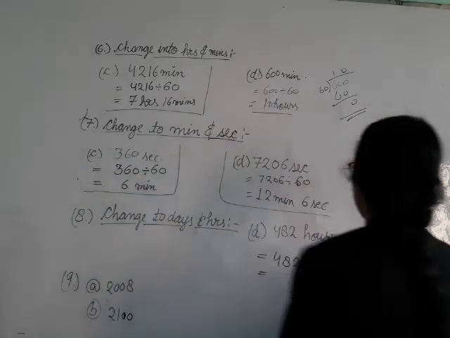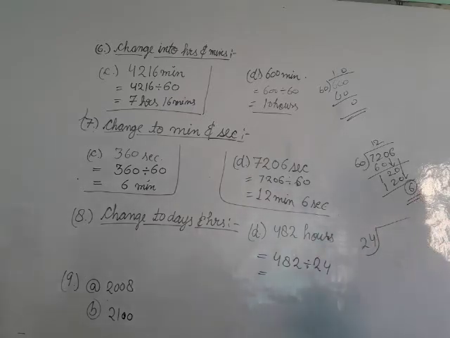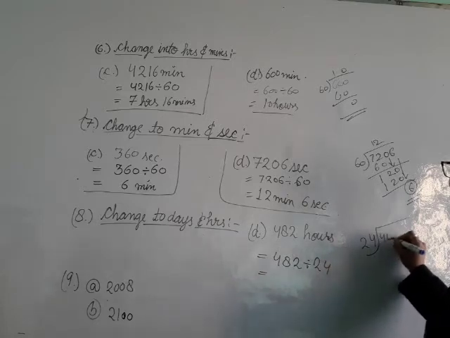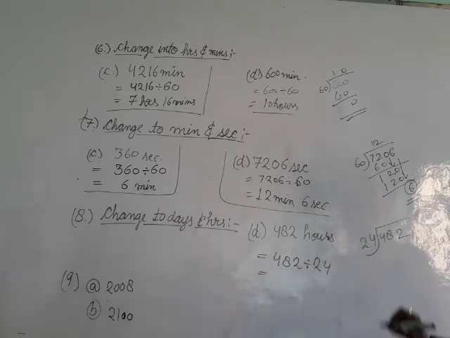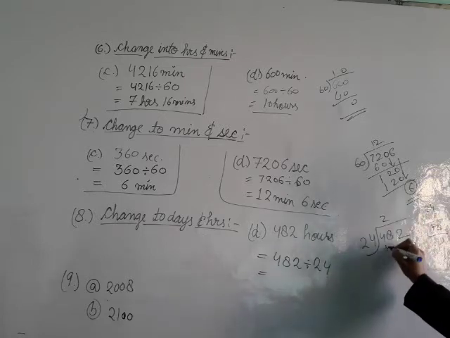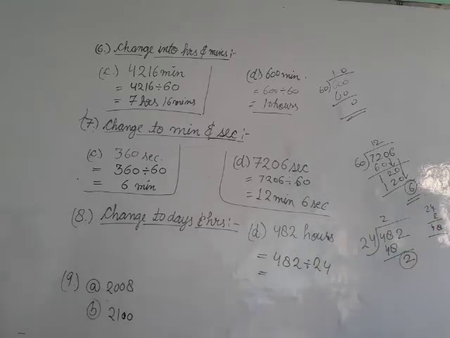See how to divide. Many of you are having problems in dividing, in the division part. So see carefully, beta, 4, 8 and 2. We know very well 24 2s are 48. So 2s are 48 and what is remaining here? 2 is remaining only here. So what's our answer?